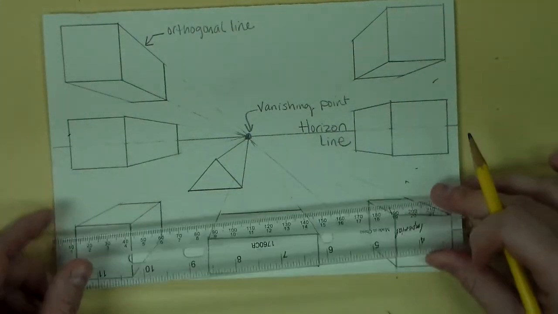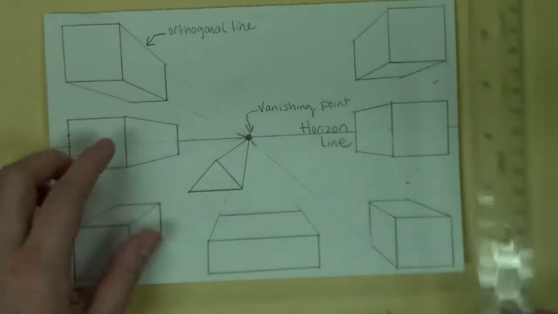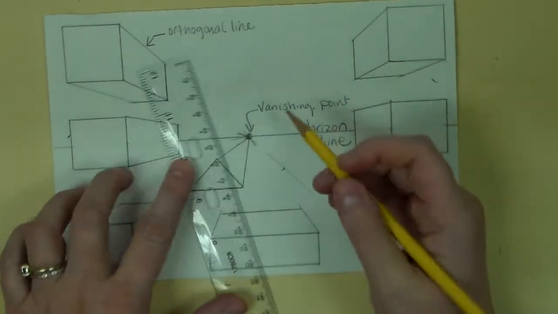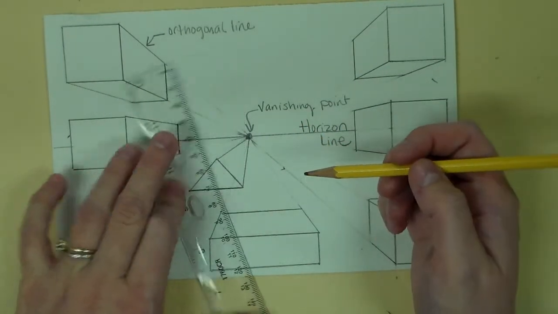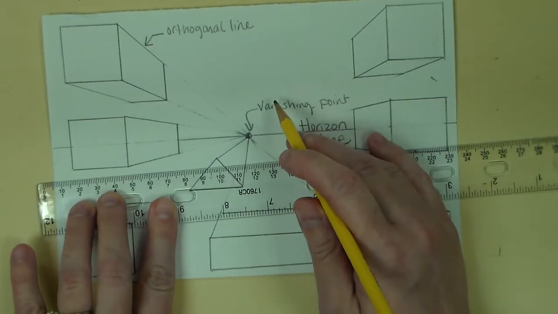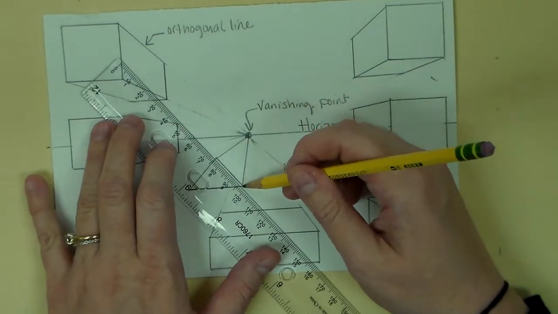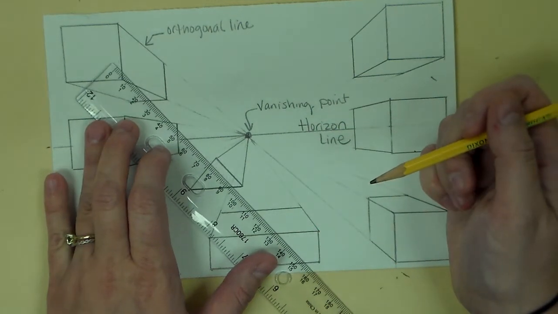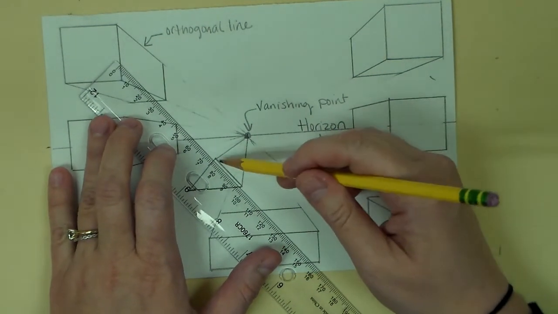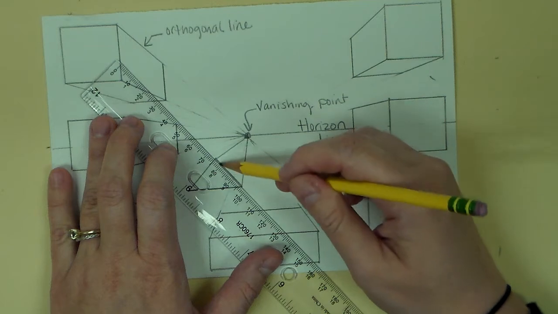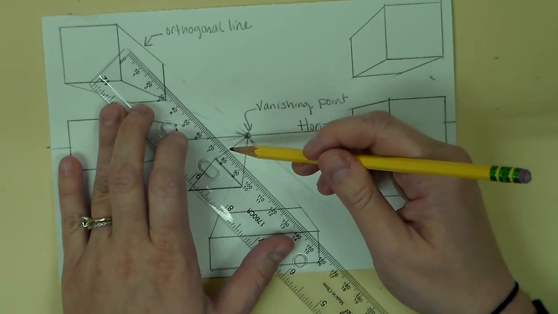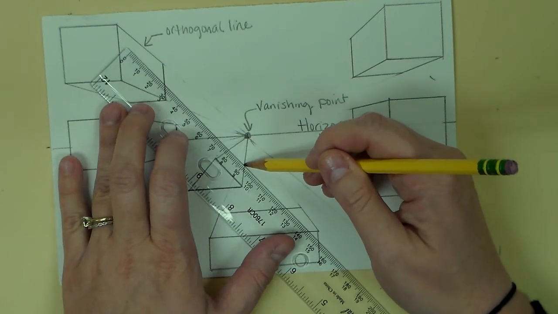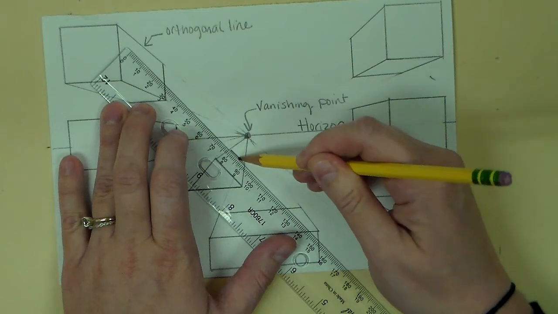So now if we want to kind of crop these, just like we did on all the other boxes, instead of having a line that goes straight up and down or straight across, what I need to do is mirror the angle that I see here. So I'm going to use that same angle as the triangle on that side, and I'm going to move that back as far as I want that to go, and I'm going to draw that line.